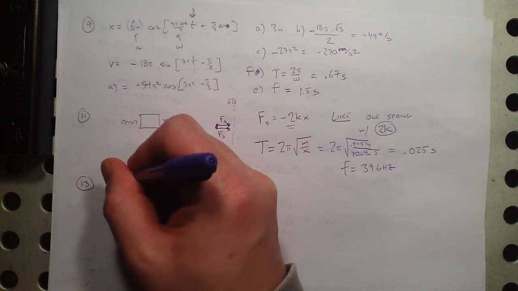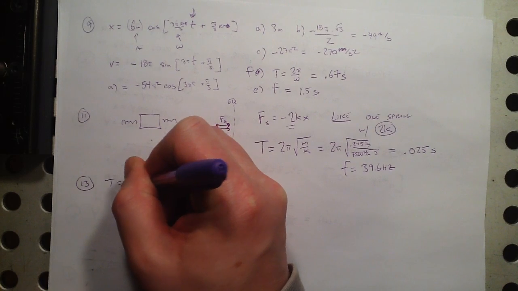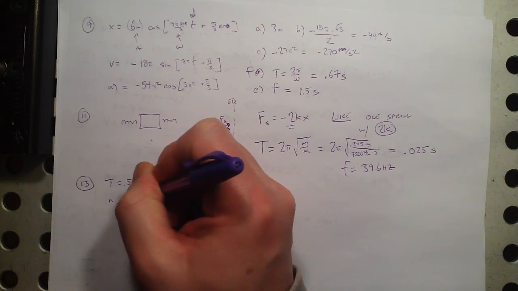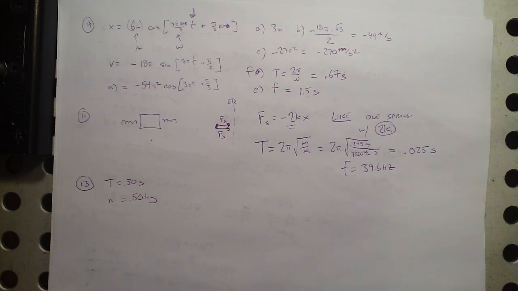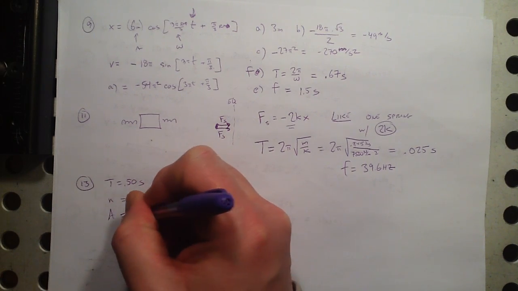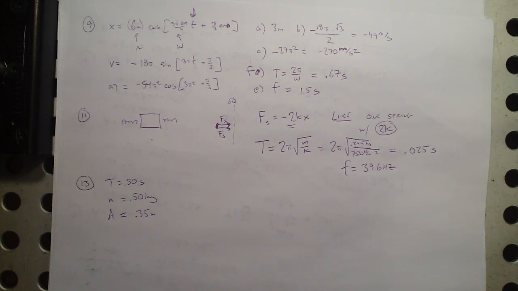That's a T. And the mass was also ½ kilogram, and the amplitude is 0.35 meters. So they want period, frequency, angular frequency, which is omega, spring constant, maximum speed, and the maximum magnitude of the force on the block from the spring.